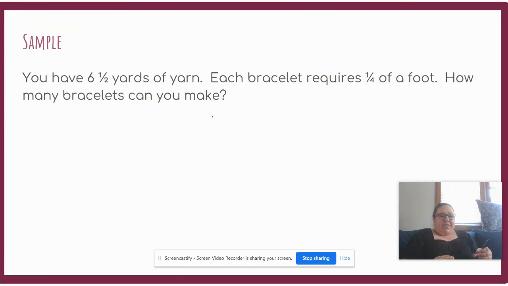All right, you have 6 1/2 yards of yarn. Each bracelet requires 1/4 of a foot. How many bracelets can you make? So we have 6 1/2, and we're splitting that up into 1/4 foots. So first thing we need to do is change this to an improper fraction. 2 times 6 is 12, plus 1 is 13/2.